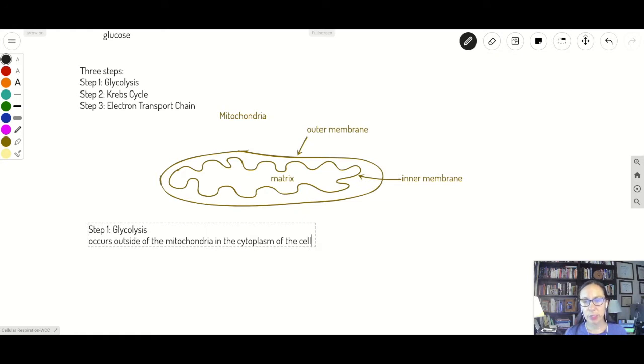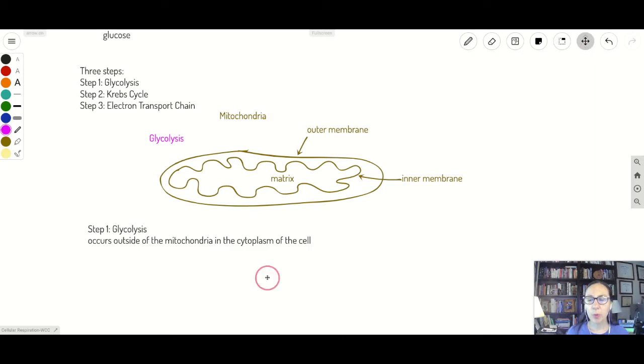I'm just going to draw it as this pink, and I'm going to write right here that this is glycolysis. Glycolysis is occurring outside of the mitochondria.